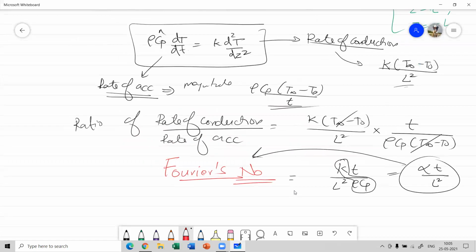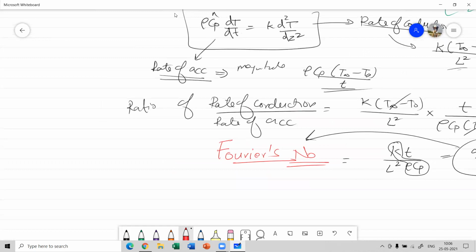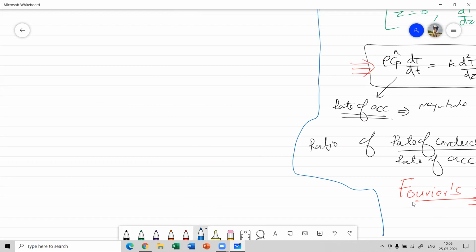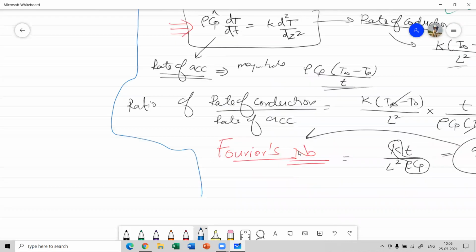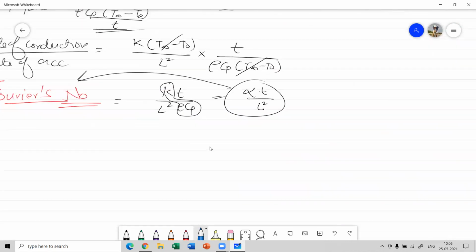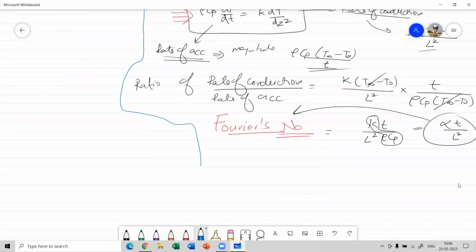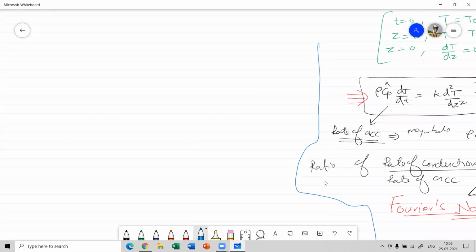Now, in order to solve this standard equation, we're gonna introduce dimensionless terms, and then we're gonna try to solve it. And one dimensionless term will be your Fourier number, because Fourier number is nothing but a ratio, and that ratio leads to a dimensionless term. So we're gonna solve it.